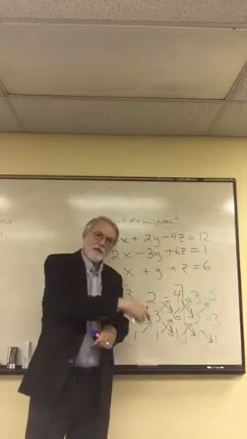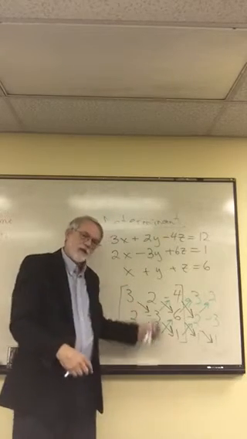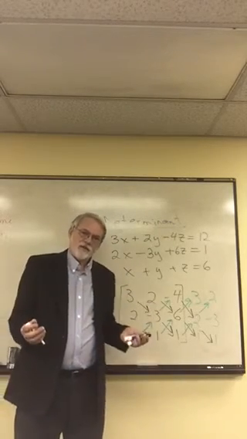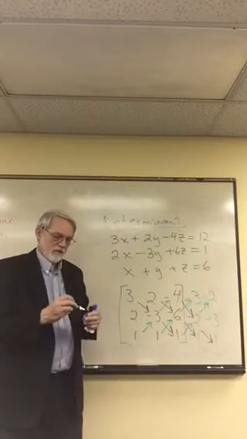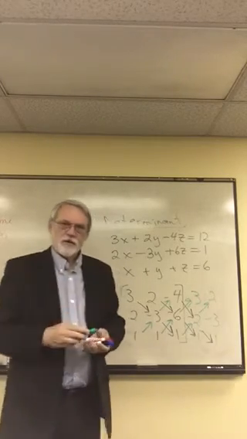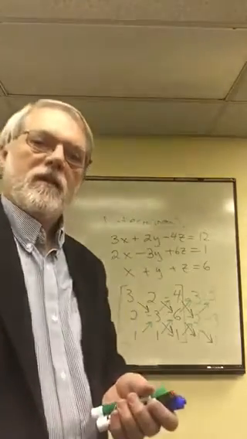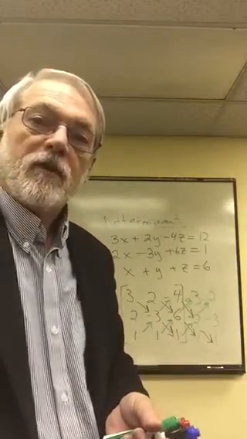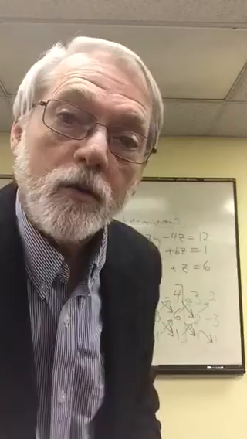And then we're going to add the products going down, add the products going up, and find the difference. So I will leave that up to you. That's the first review for Chapter 4. Are you awake?